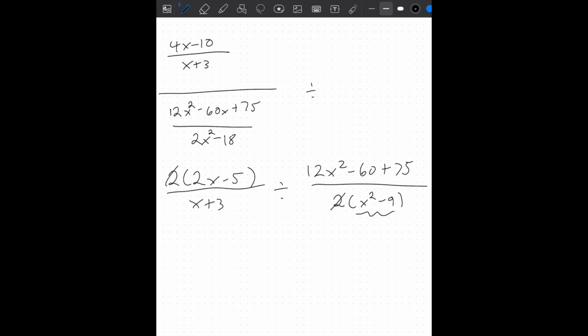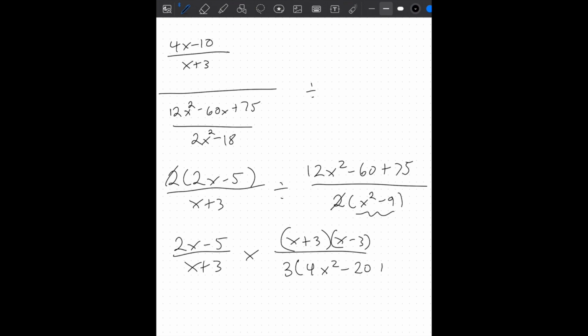So what we will do is we'll go 2x minus 5 over x plus 3 multiplied by x plus 3, x minus 3 for that denominator, the x squared minus 9. And then we will factor out a 3 from that, and it will become 4x squared minus 20x plus 25.